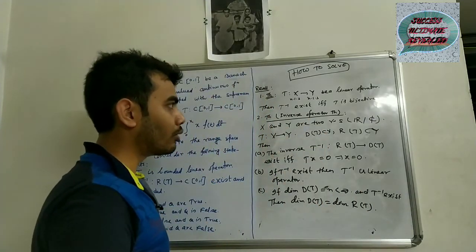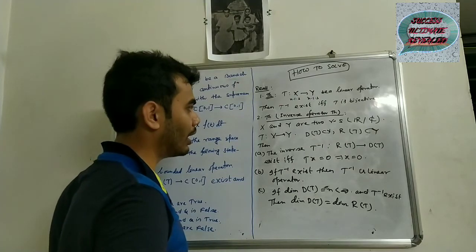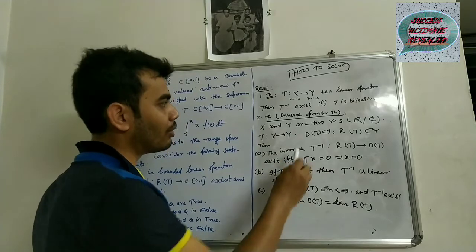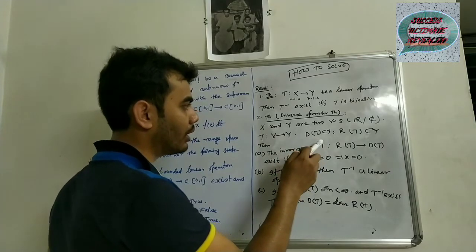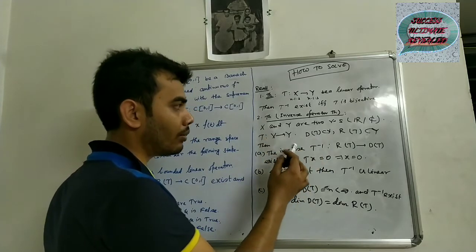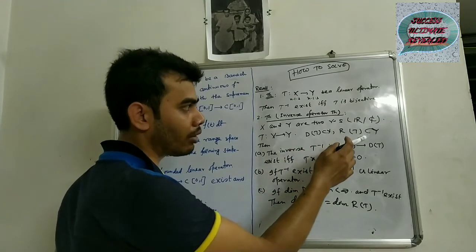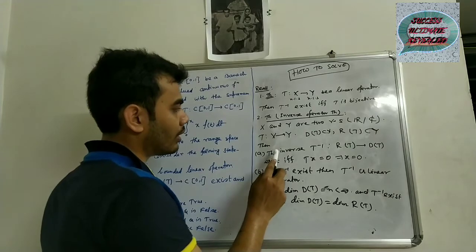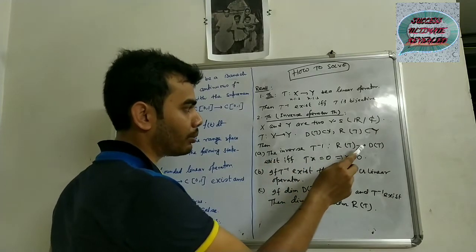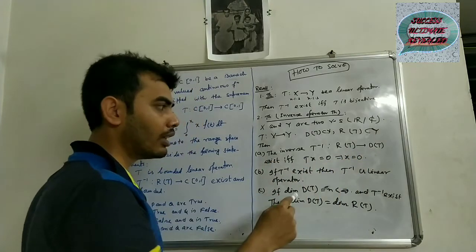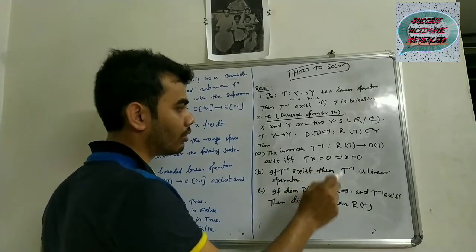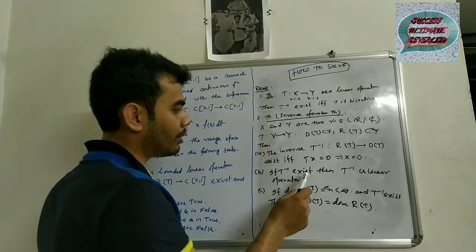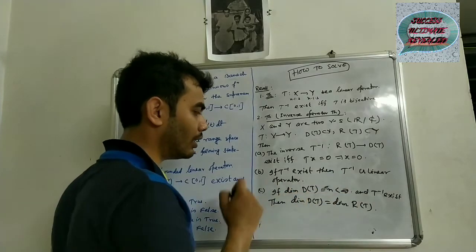So X and Y are two vector spaces. These vector spaces may be real or complex, and T from X to Y is a linear operator with D(T), that is the domain of the linear operator T, a subset of X, and the range of T is also a subset of Y. Then the inverse T inverse from R(T) to D(T) exists if and only if T(x) equal to 0 implies x equal to 0. The second says that if T inverse exists, then T inverse is a linear operator.